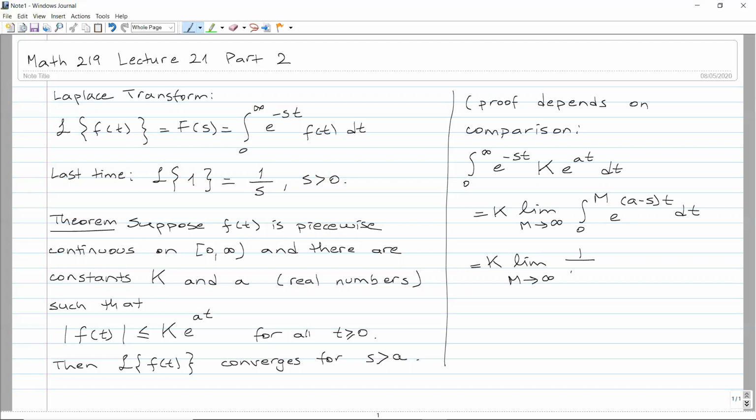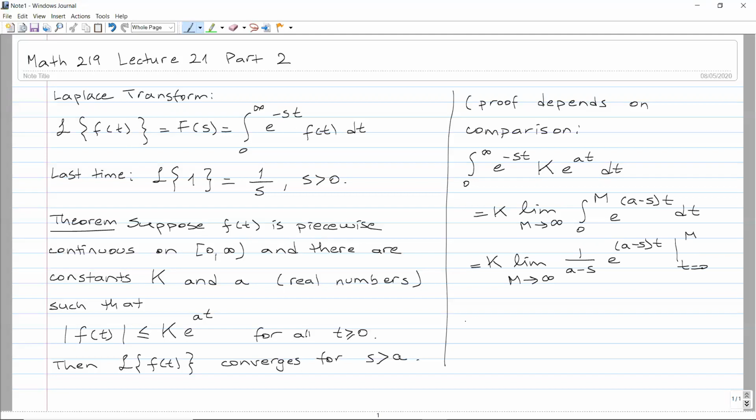So this is 1 over a minus s times e to the a minus s t, where s is not equal to a, from 0 to m.